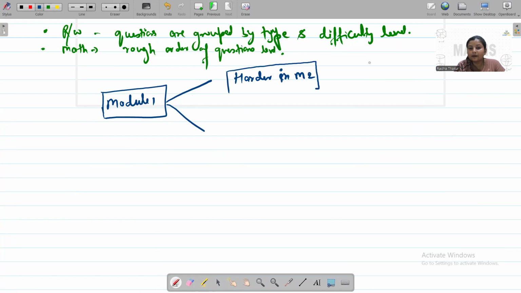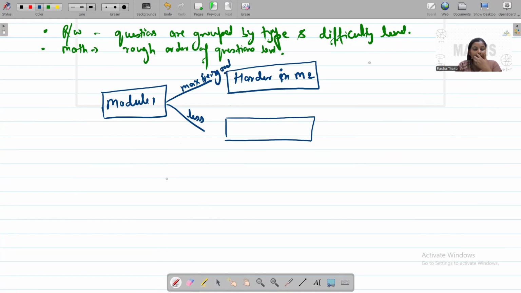And if your score is less, below average, in that case, you may get easier questions in module 2. So this is about the module adaptation.